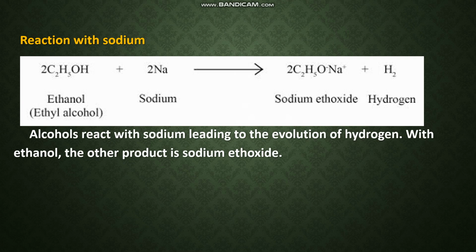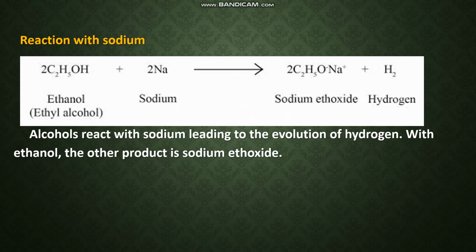So the reactions of ethanol that we are learning are applicable to all the other alcohols like methanol, propanol, butanol, etc. Generally we can tell alcohols react with sodium leading to the evolution of hydrogen. So when ethanol is reacting, along with hydrogen, what is the other product we are getting?